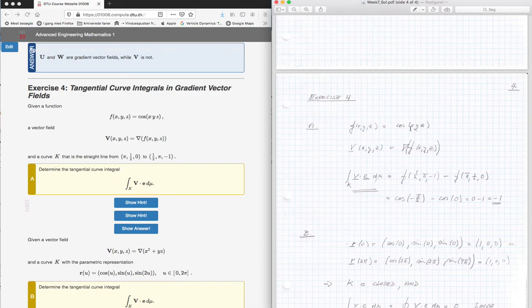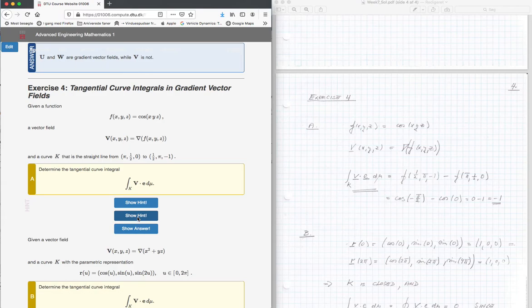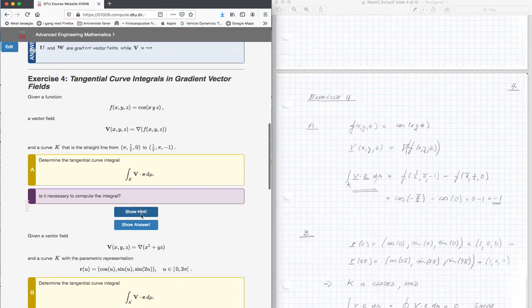So when you put this into your formula for f, this is simply the product x of y and z, so that will be minus pi half, and this is 0, and the cosine of minus pi half is 0, and the cosine of 0 is 1. So the result is minus 1. I think that we have a couple of hints here.